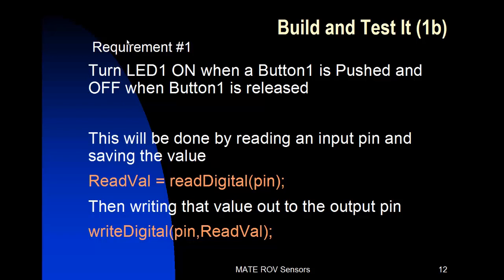Of course, you'll substitute the right names and the pin numbers, and you'll write that value out to the output pin. So digital write, the pin number, and whatever value it was that you read and stored into read val. So I've practically done requirement number 1 for you here, but you just need to put it in the proper format.